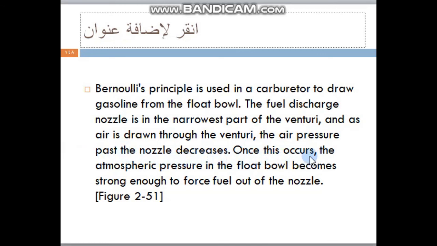Once this occurs, the atmospheric pressure in the float bowl becomes strong enough to force fuel out of the nozzle. You will understand this more and take it in depth when you study the power plant section, chapter 1, reciprocating engine.